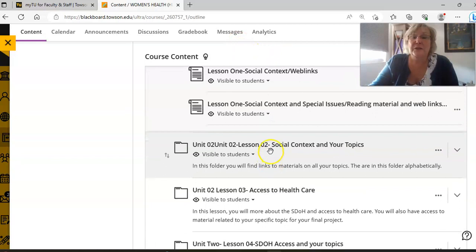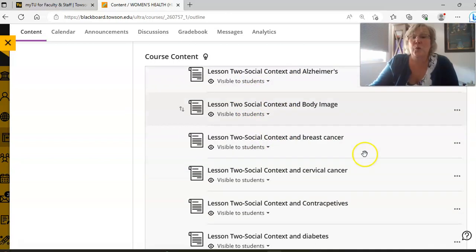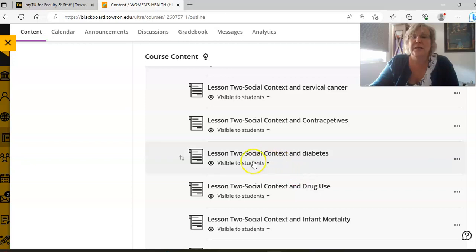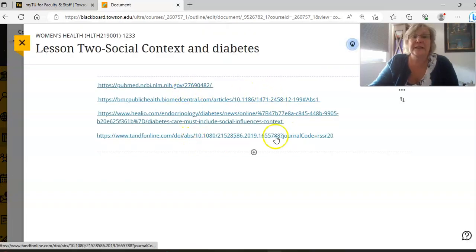Then when you go to Lesson 2 for social context, what you should see is social context and your topic, no matter what your topic is. So if your topic were social context and diabetes, you would click on it and you would find a couple links to material that should help you with your project and the assignment that's due.